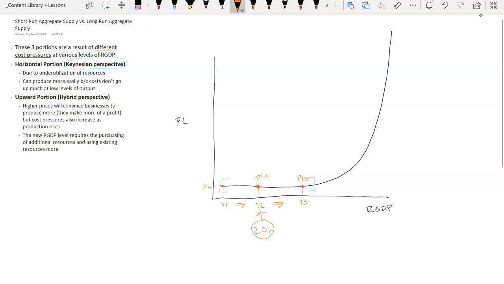With 20% unemployed, there's not going to be a lot of pressure from workers to get wages to go up because there's still a lot of people out of work, right? The scarcity principle hasn't really kicked in yet. Let's say you're a home builder, there may be a bunch of lumber still waiting to be bought, and so there's no upward pressure by lumber producers to charge higher prices, right?